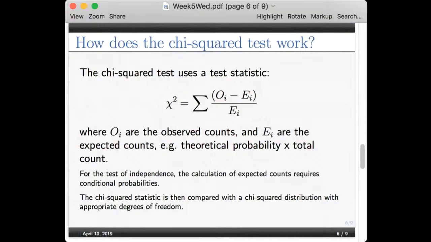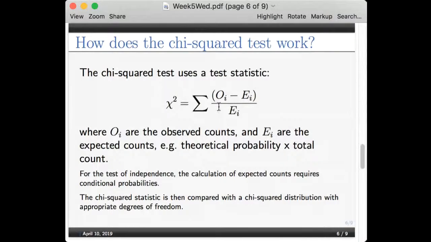Here's a bit of theory that's not in the notes, so you're not going to be quizzed on this. The chi-squared test uses a test statistic, which is the sum over all observations of each observation minus each expected value, squared, divided by the expected value. If I've got a known proportion, I can work out what I would expect to get if I was rolling the dice 36 times. I would expect a 1 turning up 6 times, a 2 turning up 6 times; it's the total times the probability.